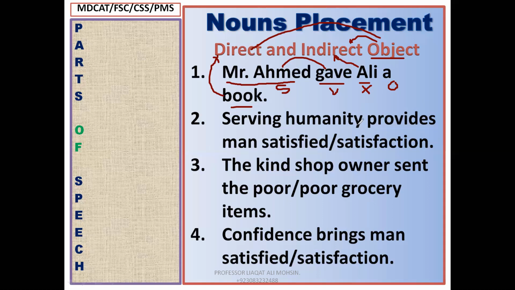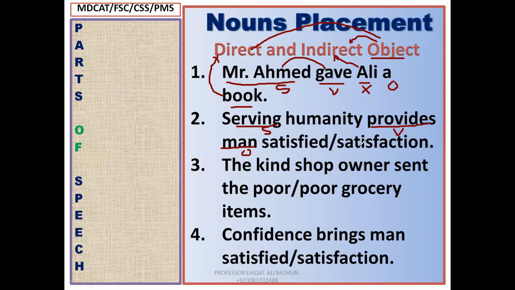Serving humanity provides man satisfied or satisfaction. Provide is the verb. Who provides? Serving humanity. Subject. Who is being provided? Who is the receiver? Man, object, and satisfied or satisfaction. Definitely, we studied that in the place of object there should be a noun.